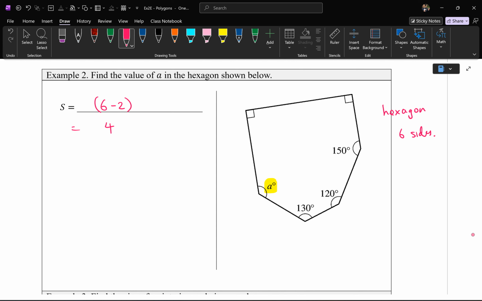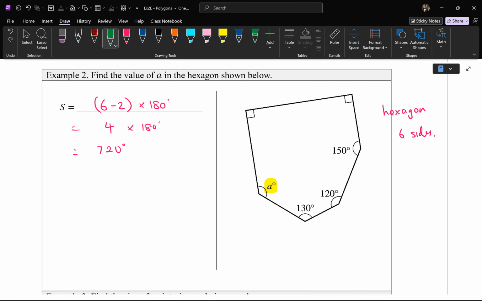What's the formula? Good. Each triangle has 180 degrees. If you have 4 of them, 4 times 180 equals 720. So it needs to all add up to 720.